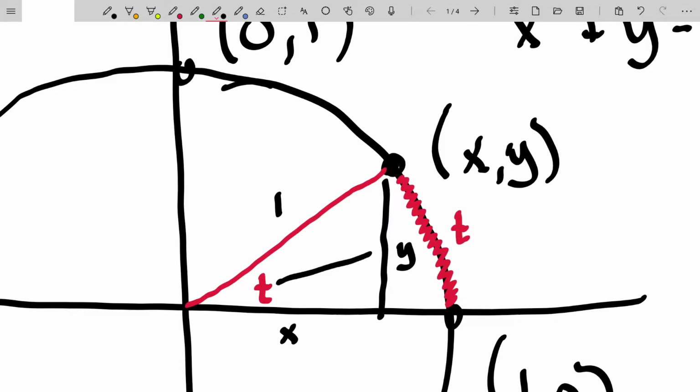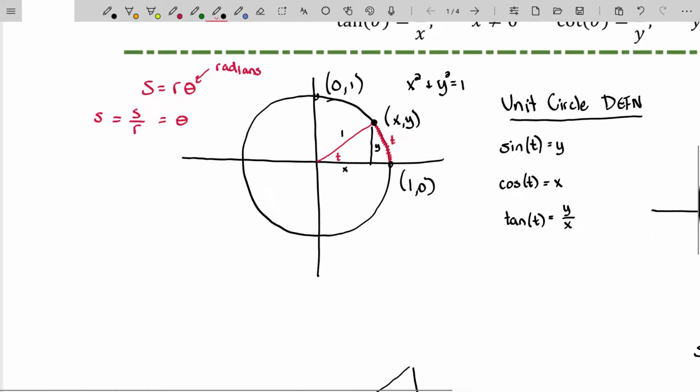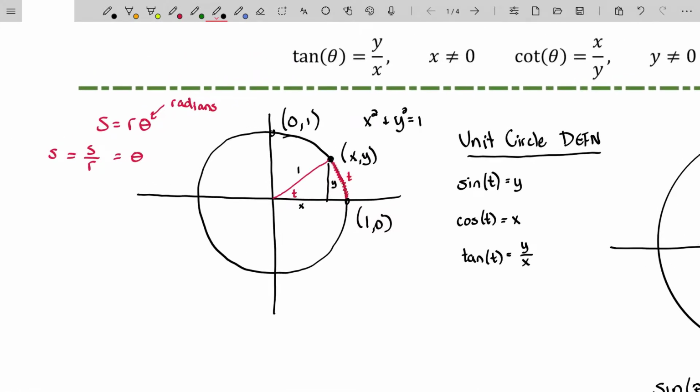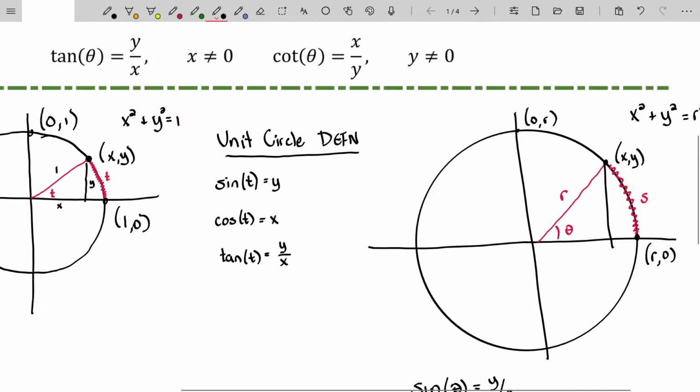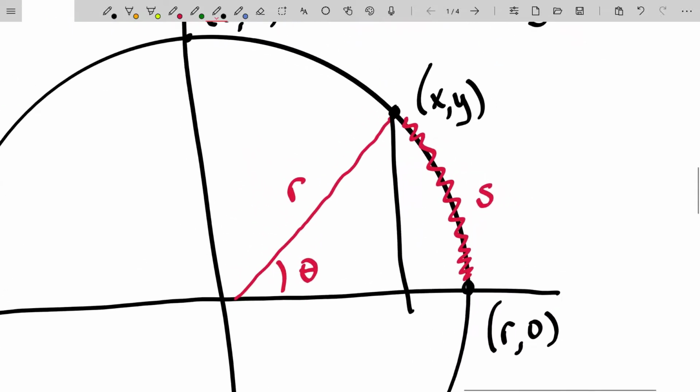And the tangent of t is opposite over adjacent, y over x. And those are the actual definitions off to the right-hand side there. Same thing over here. If this was our triangle, sine is opposite over hypotenuse, y over r. Cosine is adjacent over hypotenuse, x over r. And tangent is opposite over adjacent, y over x.